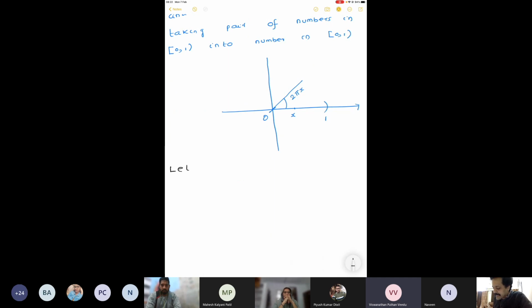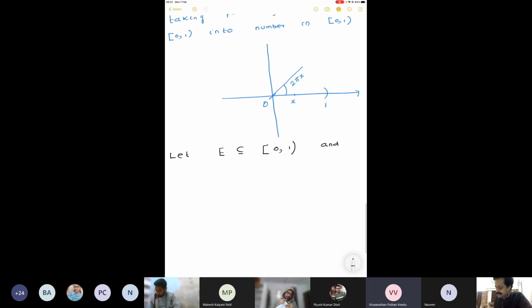Let E be some subset of the set that we have taken, namely [0, 1]. And let me fix an element y from [0, 1]. y is arbitrary but fixed.